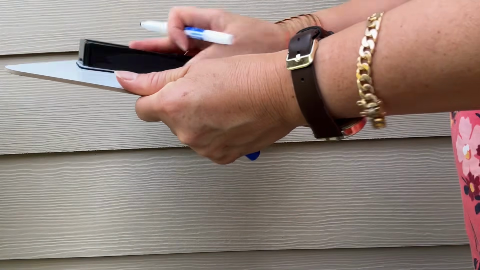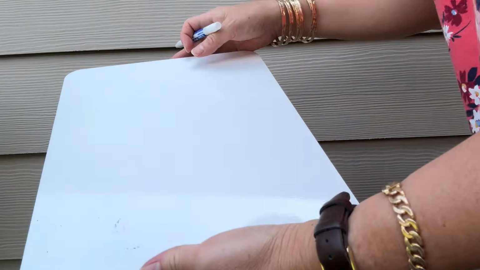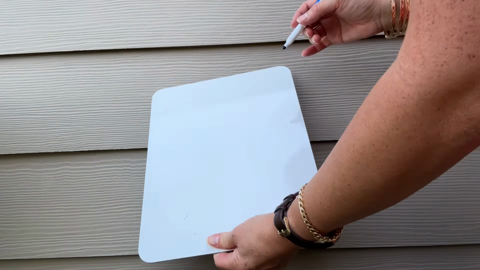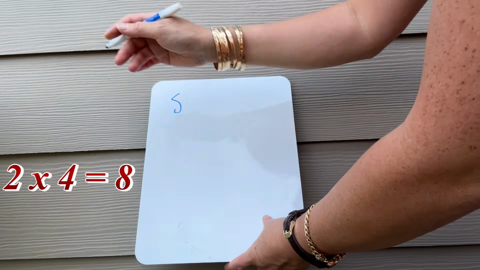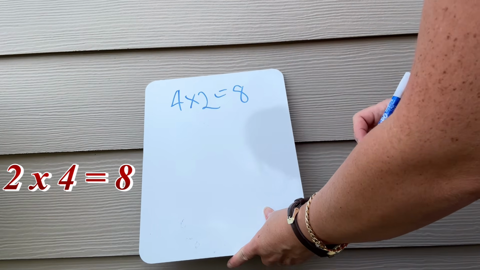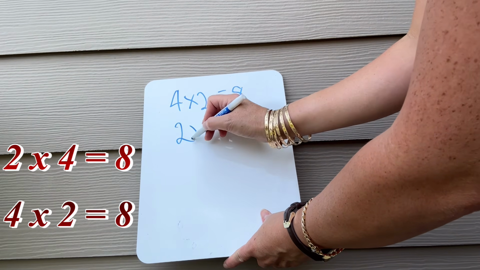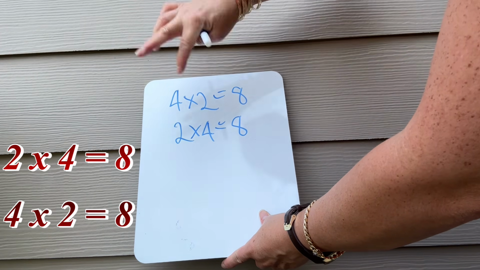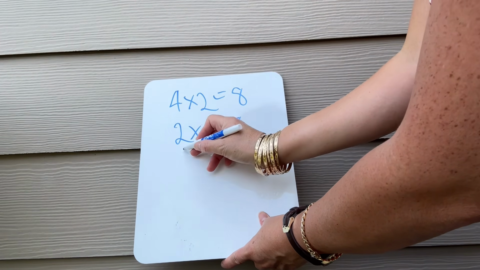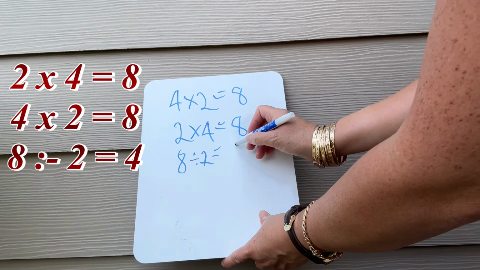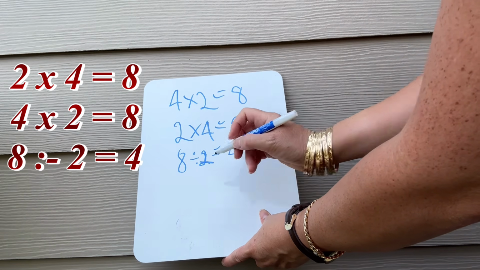So that's the fact family, because in this case you have more than 3 facts. In addition and subtraction, you have a fact triangle. This one you have 4 facts that are related, so it's more like a fact family. So if you know that 4 times 2 is equal to 8, then you know that 2 times 4 is equal to 8 by the commutative property, switching the order, okay? And you also know that 8 divided by 2 is equal to 4, okay?